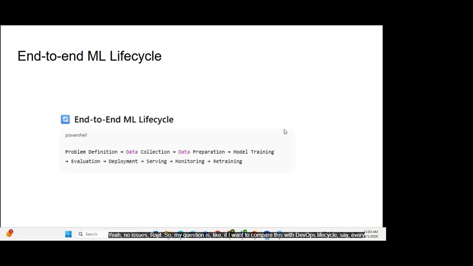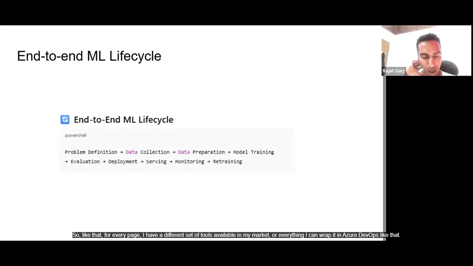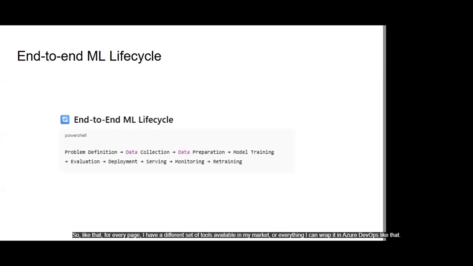No issues, Rajat. My question is, if I want to compare this with the DevOps life cycle, every phase has a set of tools: for version control I have Git, for the repository I have a container registry, and something else for other phases. For every phase I have a different set of tools available in the market, or I can wrap everything in Azure DevOps.